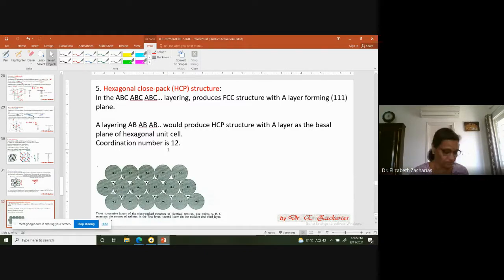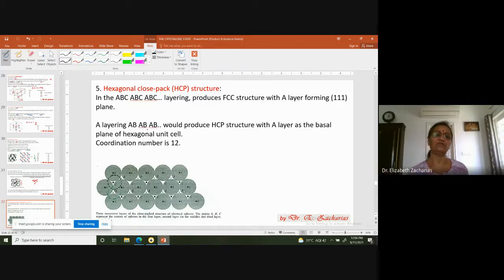You have to place the second layer B in such a way that B occupies the depressions of A. Then you put a layer C above the B layer, occupying these depressions of A. This layering is what produces the close pack structures.